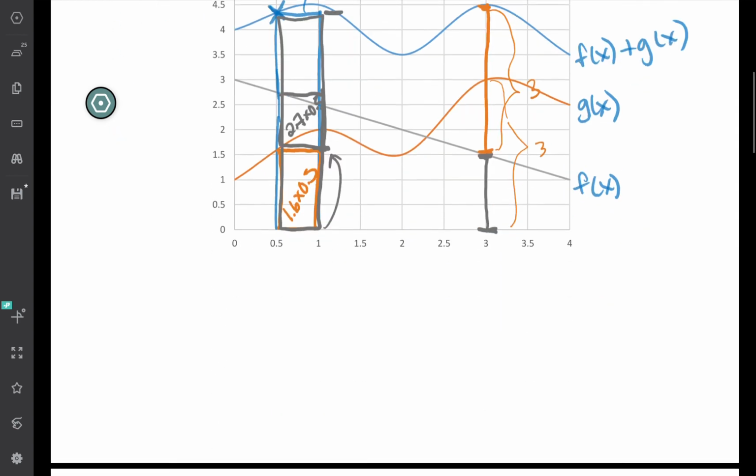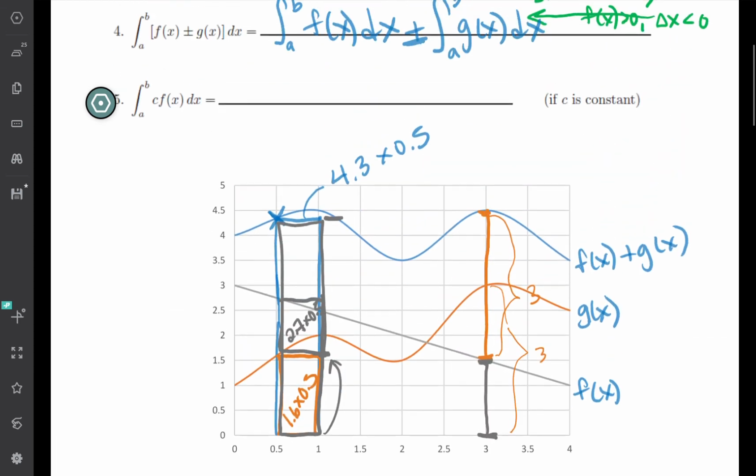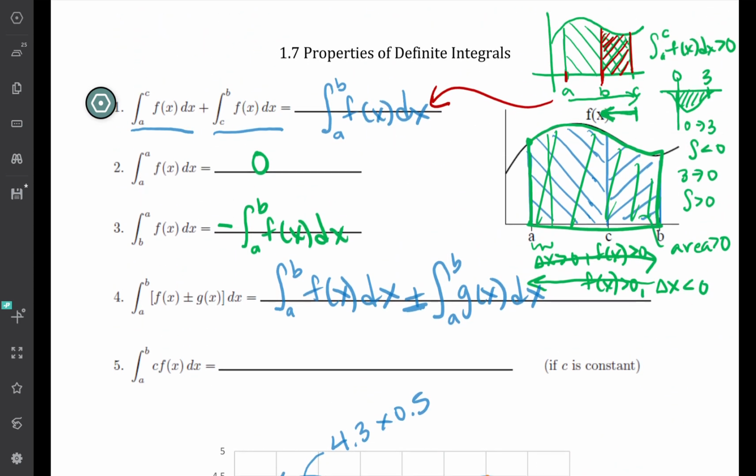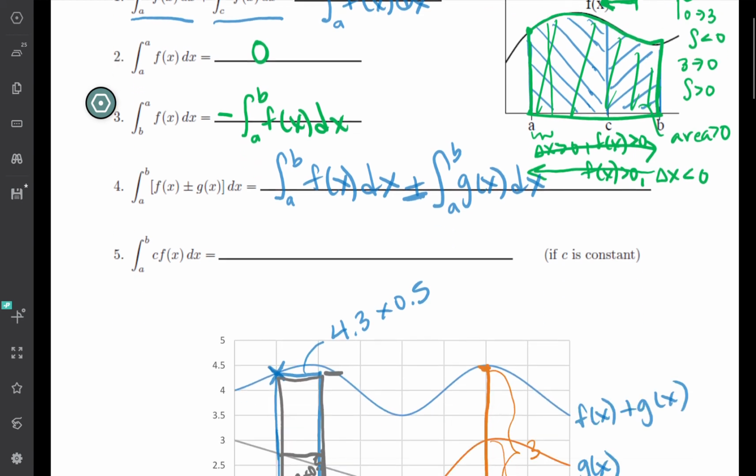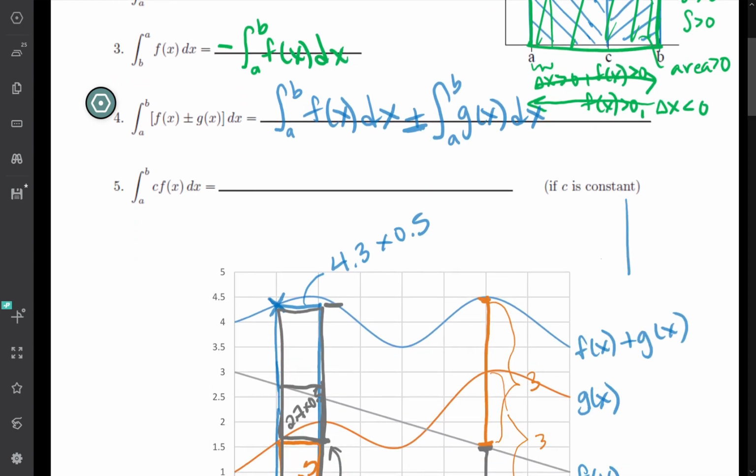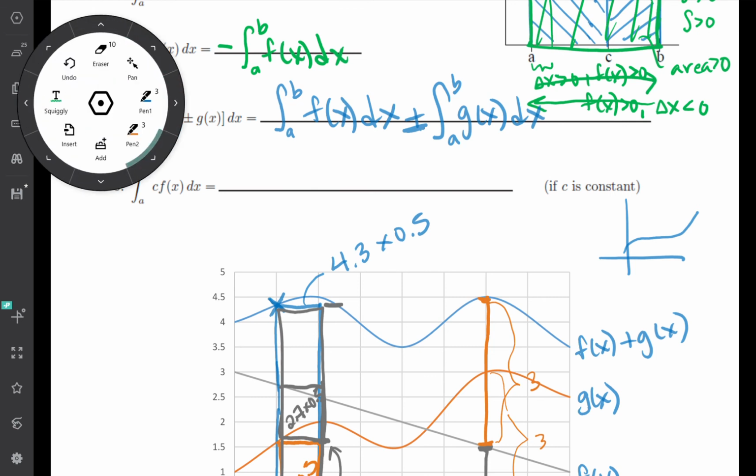Okay, and then very last one, did I try and give myself a picture? I don't think I even tried, because I think I always make a mess. It says that if you have a function, let's say my function is this beauty that I keep drawing, and you vertically stretch or compress, flip can be in the mix as well, but it just makes this picture a little harder. So let's say we double all of our heights.